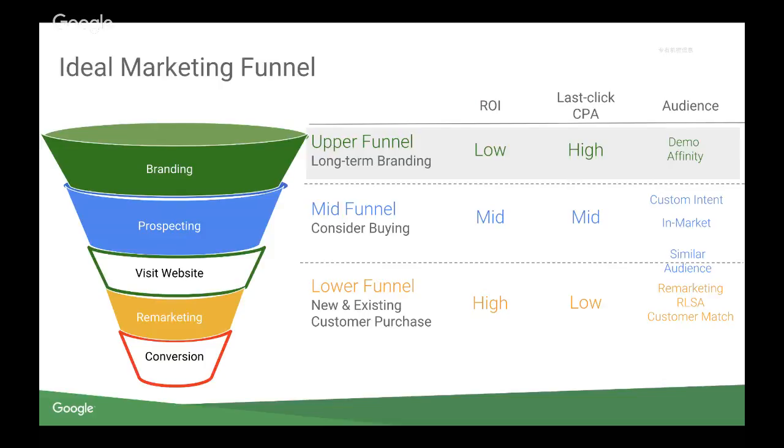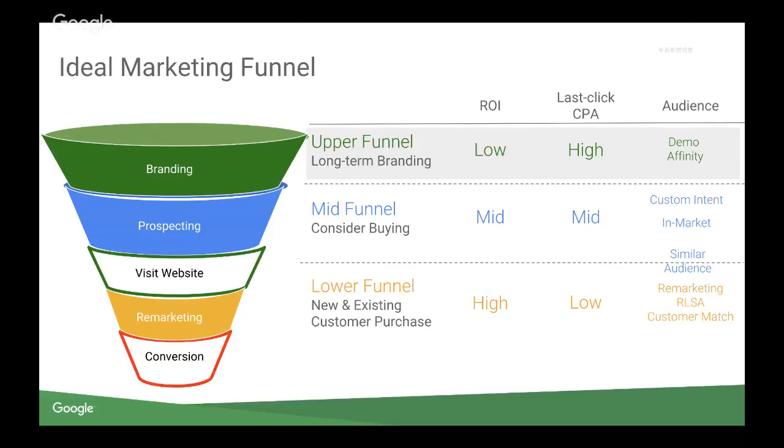And along the funnel, as you can see here, the upper funnel requires long-term branding, and also always incurs a higher CPA, because it takes time and investment to convert a user if they don't have any brand awareness. So the upper funnel always takes the longest time to get people to convert.